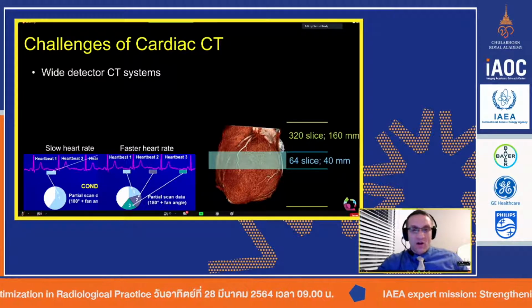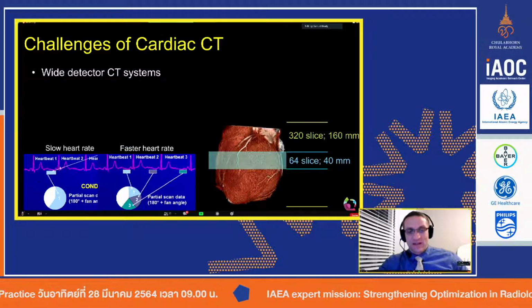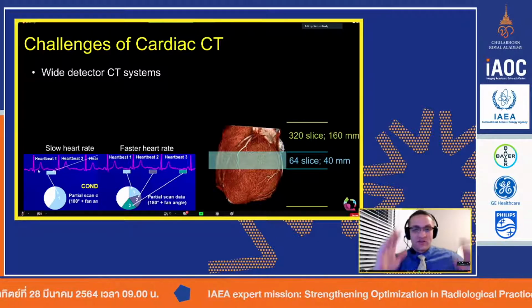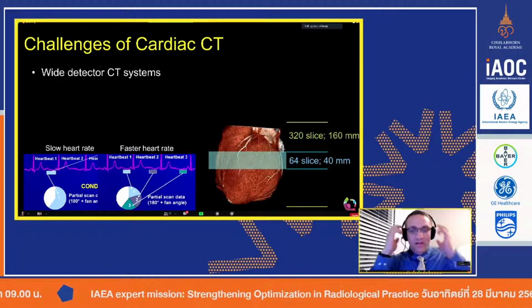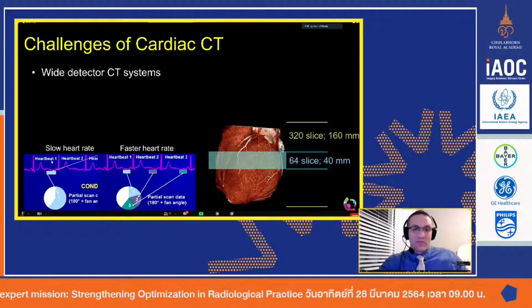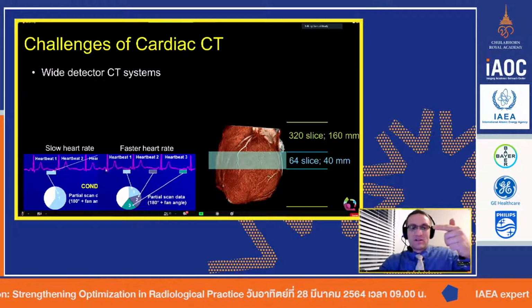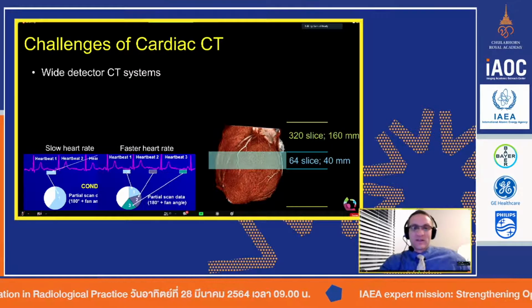Also, depending on how fast that scanner can go, or how fast your heart rate is, the diastolic phase might be truncated slightly. If that's the case, then you might still need to acquire multiple spins to add up all the data at that particular diastolic phase.